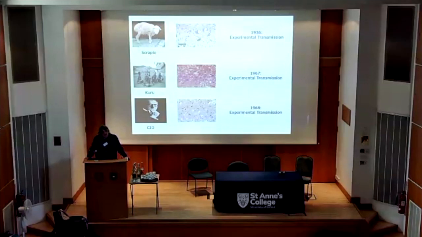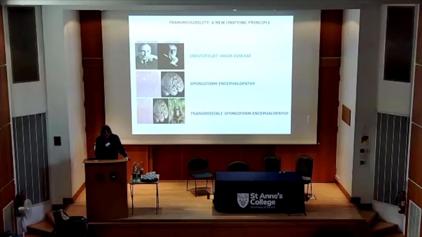And so because these diseases had similar appearances, they went on to experimentally transmit kuru and then CJD. And at this point, we had a new unifying principle. We could, of course, argue about what the features of the disease were, but we could say, well, it's not only what Creutzfeldt and Jakob described clinically, it's not only a spongy change in the brain, but it's also transmissible. And that was when one of the turning points occurred in the definition of these diseases.